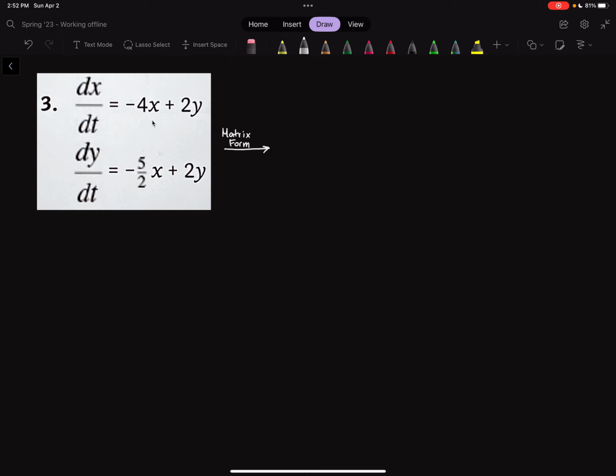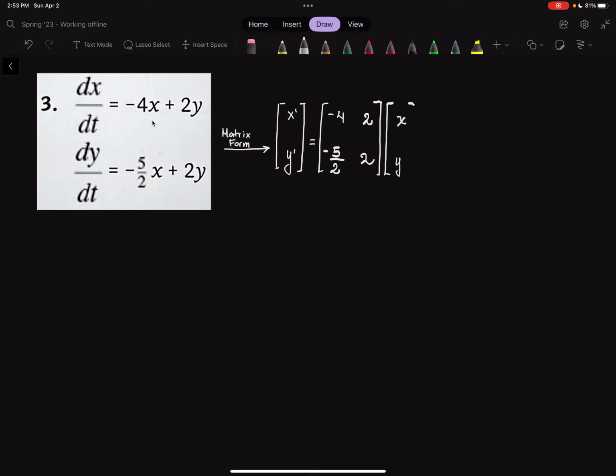So here, we're going to have an x prime, and here we're going to have a y prime. And this is going to be a vector. And here we're going to have the coefficient matrix, -4, 2, -5/2, and 2. And here we're going to have an x and a y.